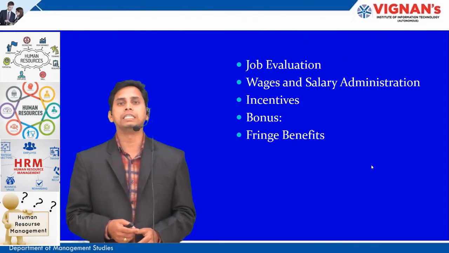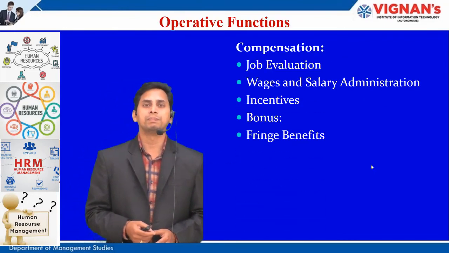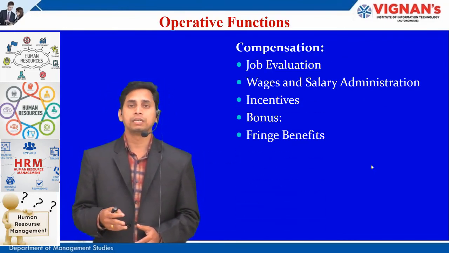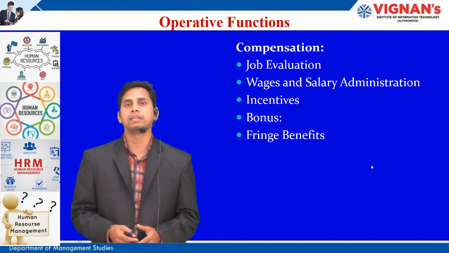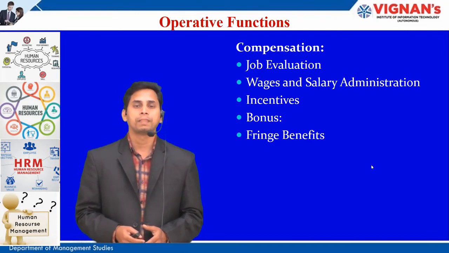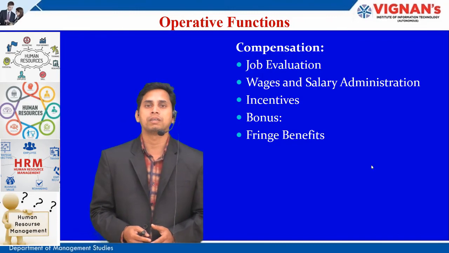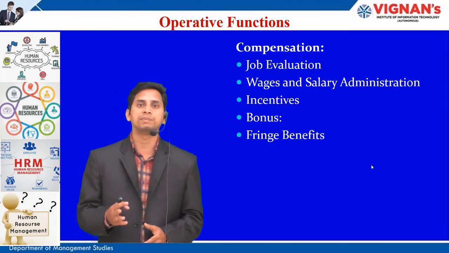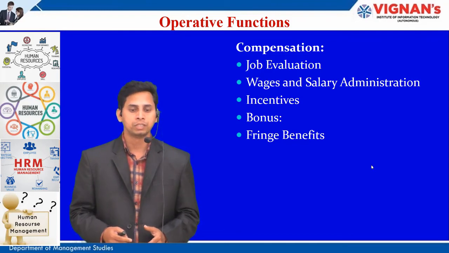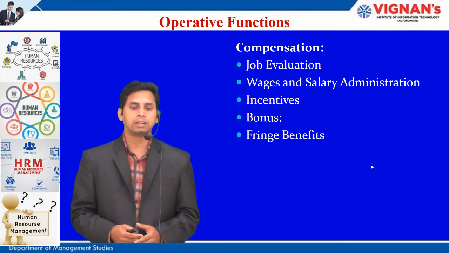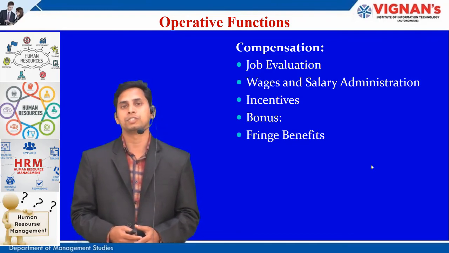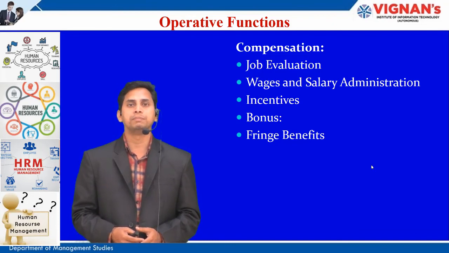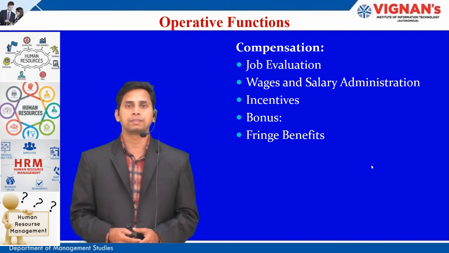Other functions are related to compensation. Compensation-related functions include job evaluation. It evaluates how the jobs are being performed, whether the jobs are up to the mark or not, and whether the people are performing these jobs up to the mark or not. You need to evaluate the jobs. And also wage and salary administration, which is again one of the important functions.